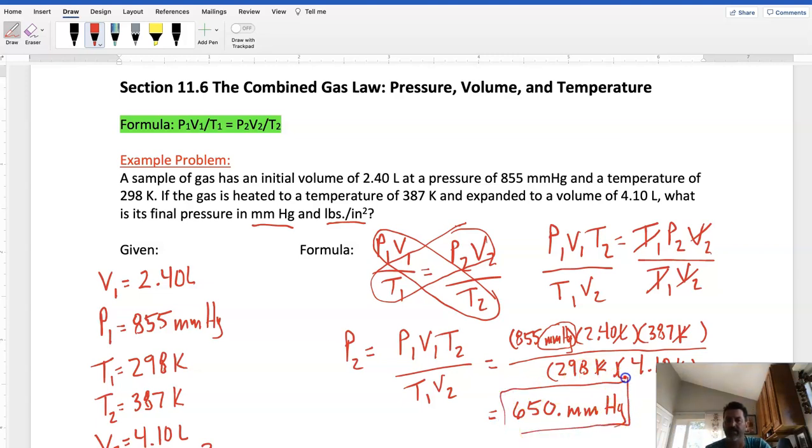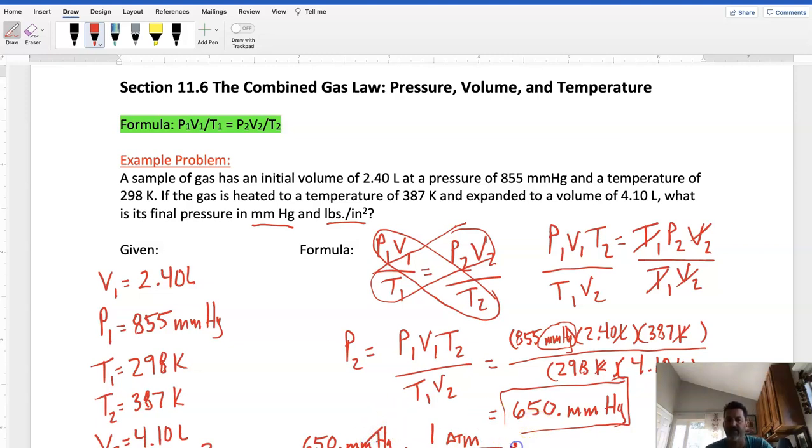Now it also wants to convert this to pounds per square inch. So I'm going to rewrite this and I'm going to convert. So on your conversion sheet, it says 760 millimeters of mercury equals 1 atmosphere. Okay, so then I can cancel that out.